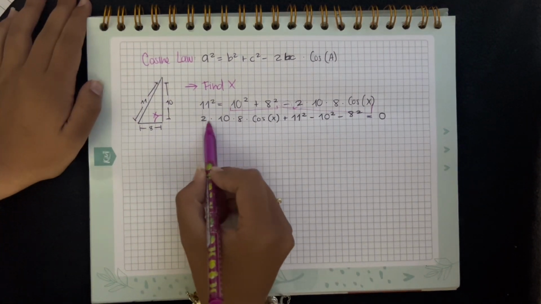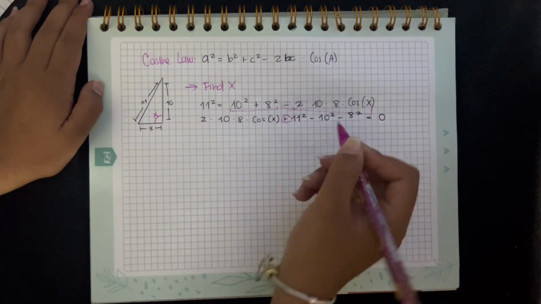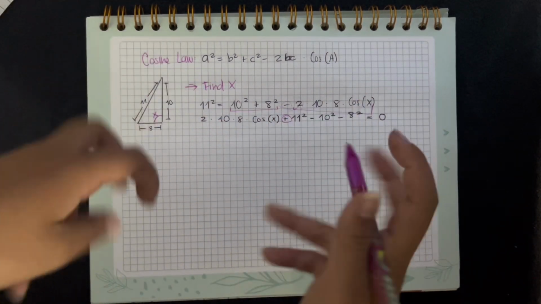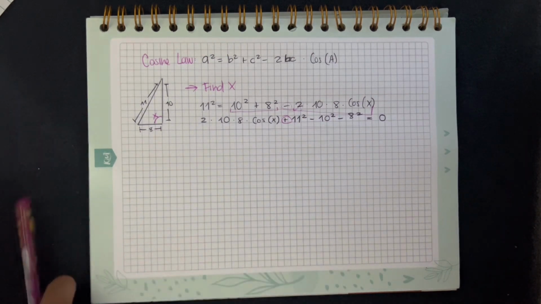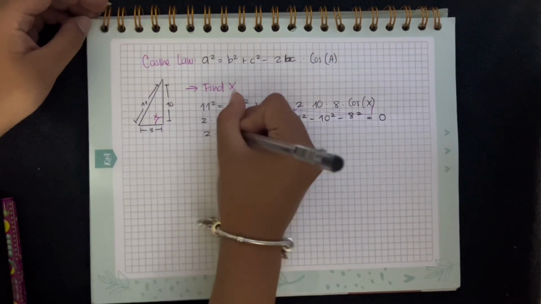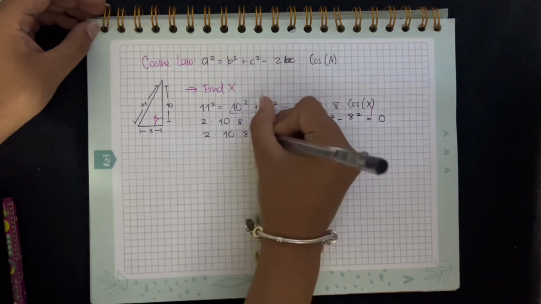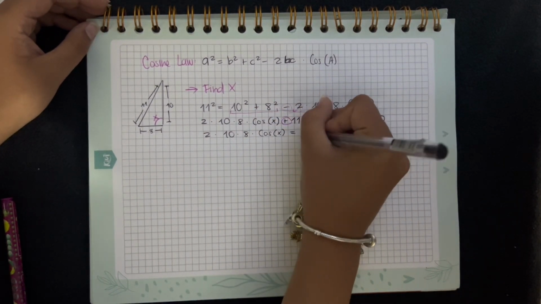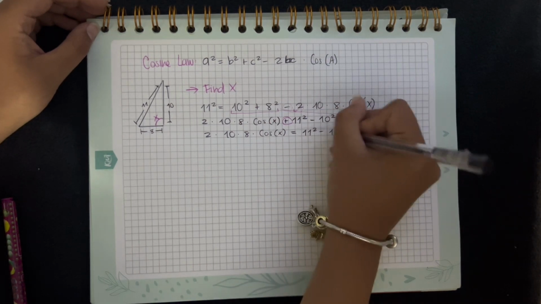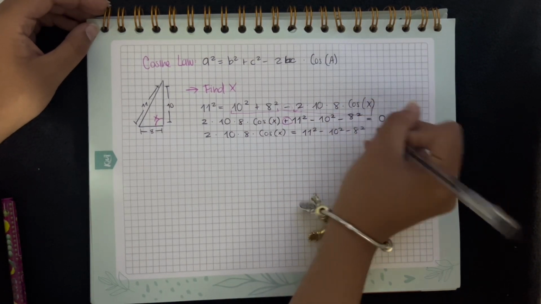So as you can see here, there is the sign, we can say that it's separating these two parts. So we can say that 2 times 10 times 8 times cosine of x is equal to 11 squared minus 10 squared minus 8 squared.